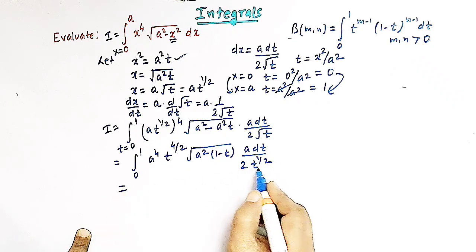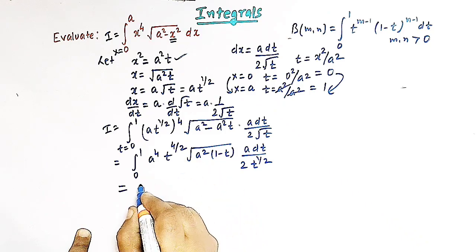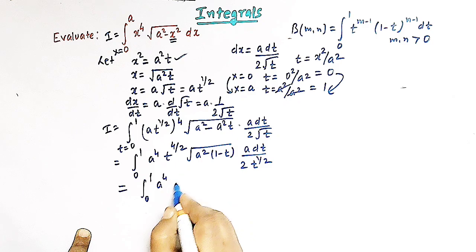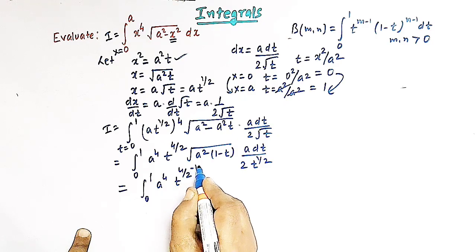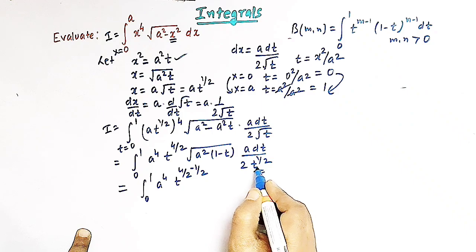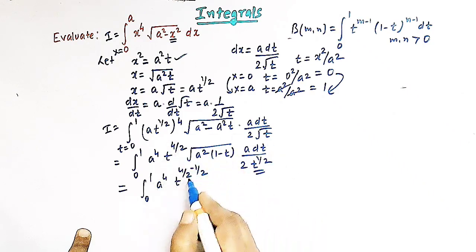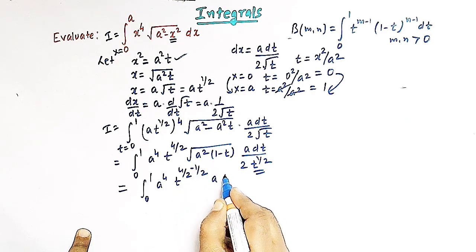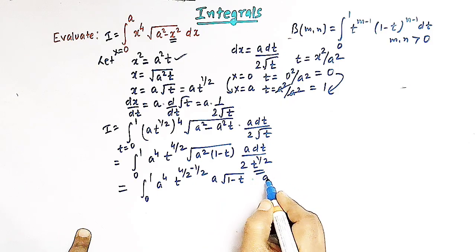Now we can take the square root of a square. So we have a raised to 4, then t raised to 4 over 2 minus half. Here we have t raised to half in the denominator, so taking it to the numerator we have 4 by 2 minus half. Here we have a times the square root of 1 minus t, and then we have a dt over 2.